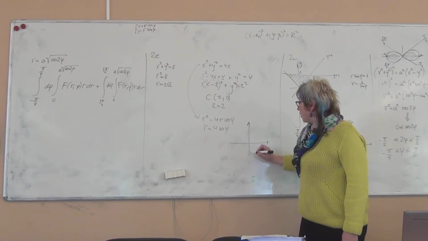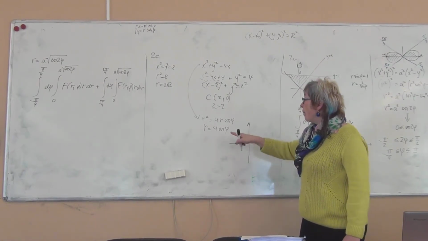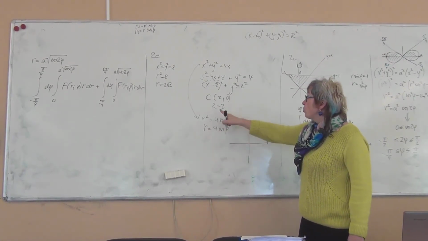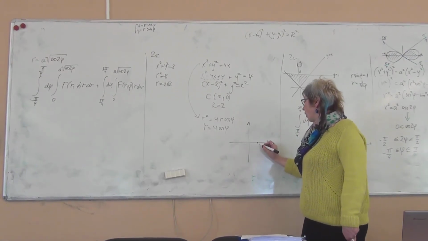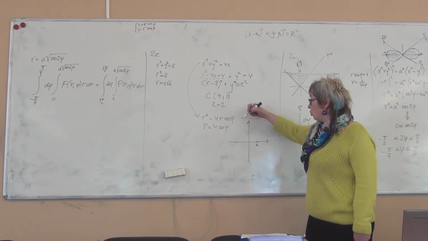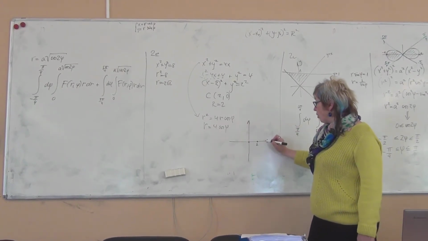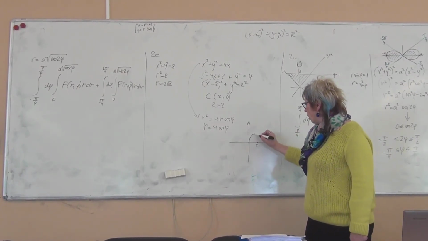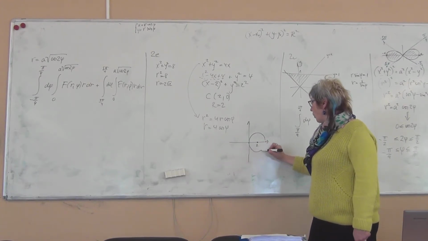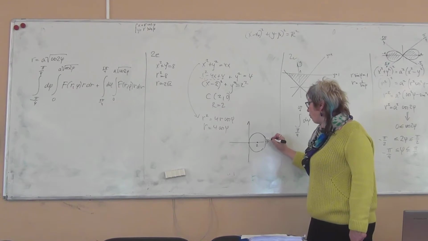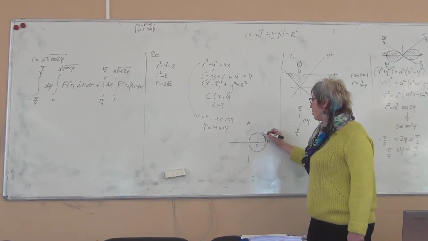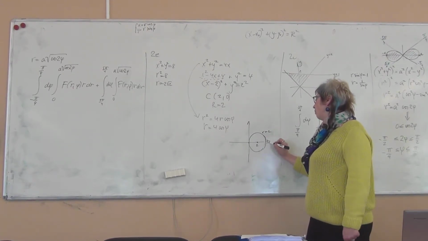So in this case, the sketch would be, I'm starting with this one. The center is at the point 2, the radius is 2, so it passes through the origin or the pole. So we have this circle, and in polar form, this equation is r equals 4 cosine phi.